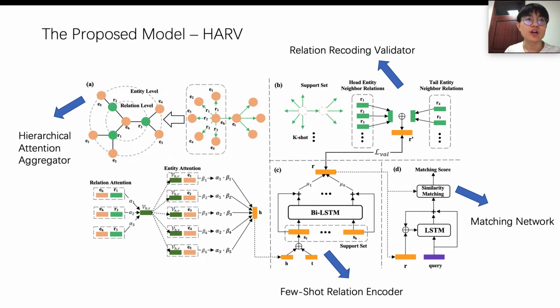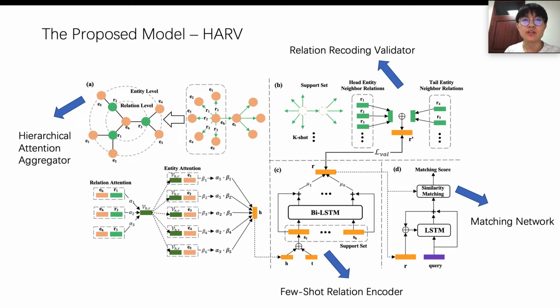We first structure the neighbors of each triple in the support set S and the query set Q into multi-levels, and obtain the representations of head and tail entities by aggregating the neighboring information through the hierarchical attention mechanism.